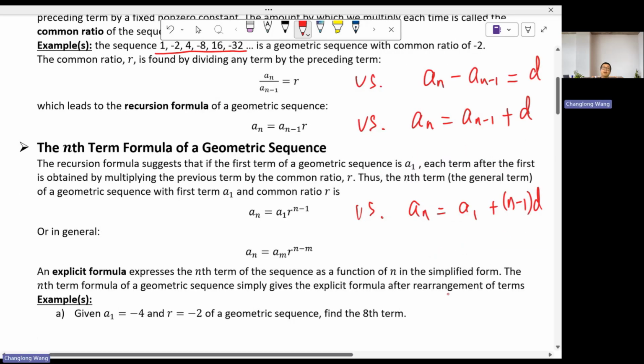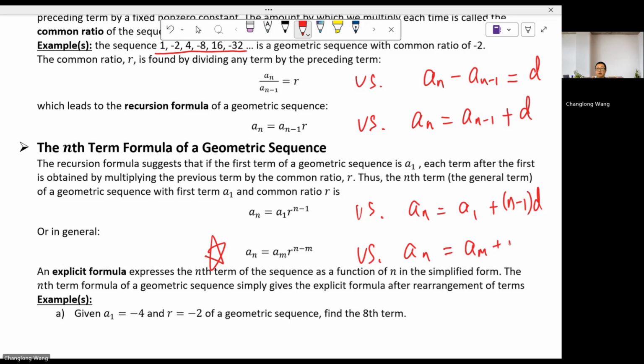And also, if you've been a big fan of the general form of that kind of nth term formula in 11.2, the one that has m in it, do you see that? If it were arithmetic, you're going to start from anywhere in a sequence, let's say a sub m. You're going to add n minus m times the common difference c to the a sub m to get a sub n.